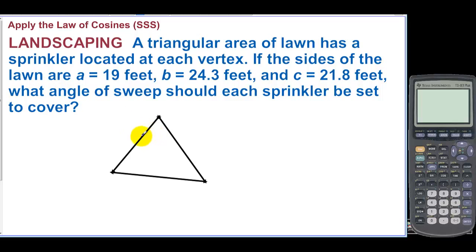We have a triangle here, and let's make this 19. That makes this angle A. And then B is 24.3. So we'll make this angle B, and then over here we have 21.8. That makes this angle C. We can pick any angle we want.